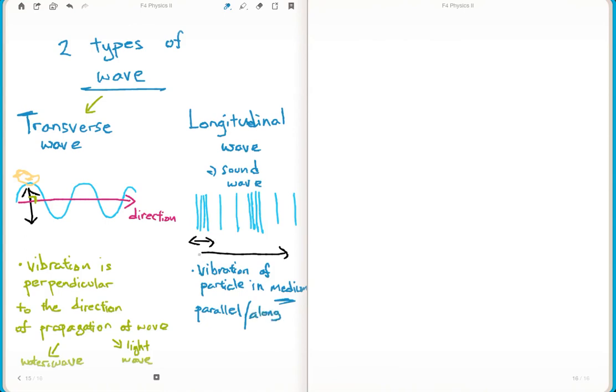Vibrate left, right, parallel, along the direction of the wave propagation. Okay, so this is sound wave. Whenever you have sound wave, that will be longitudinal. The rest, transverse.